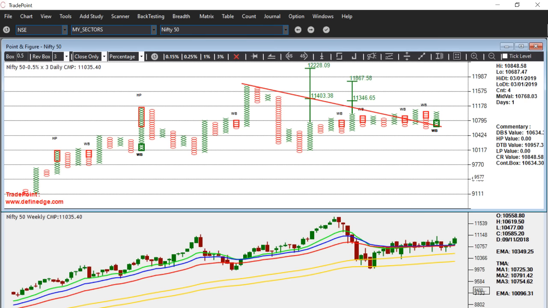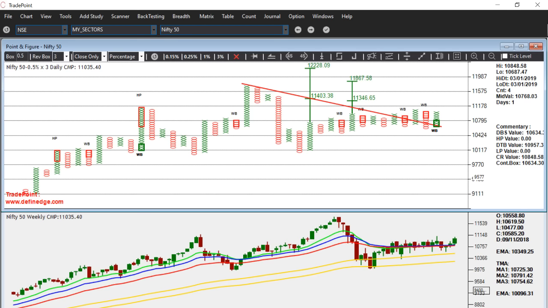Right now it is sideways, and we also see the triple moving averages are not correctly aligned, but still, as the three moving averages are above the channel and all the prices are trading above all the moving averages, I consider this still as bullish.